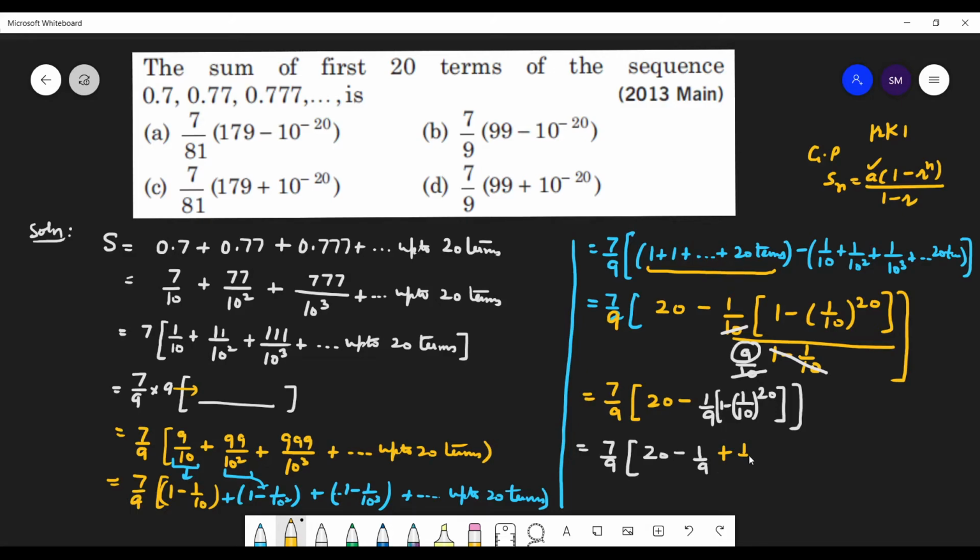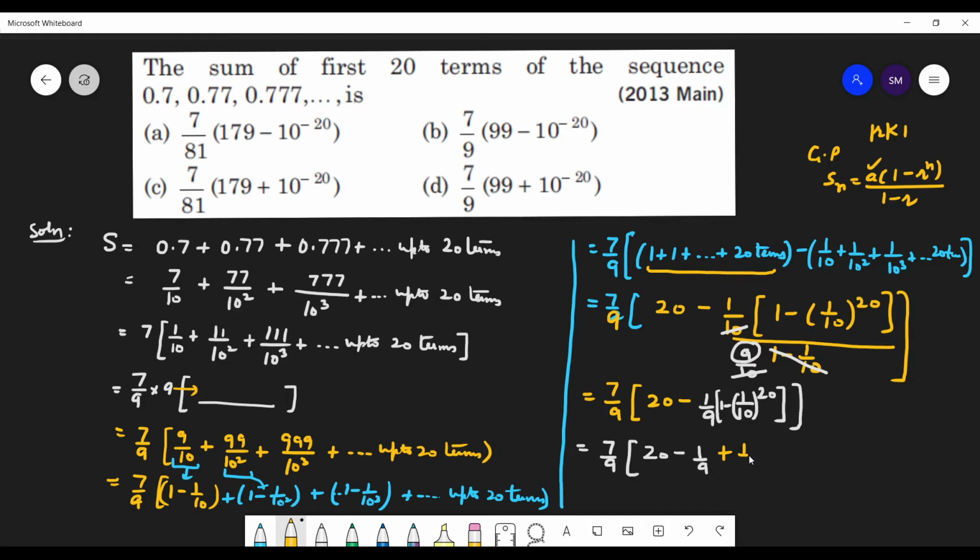So now what is the difference between these terms and these terms? These terms are in AP. So what is HP? Harmonic progression means if you have a, b, c, their reciprocals will be in AP.